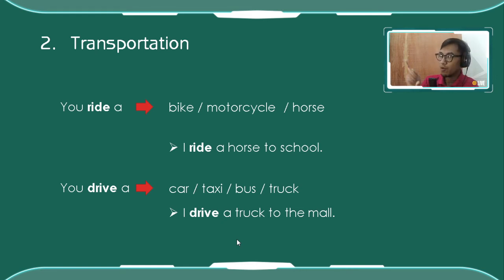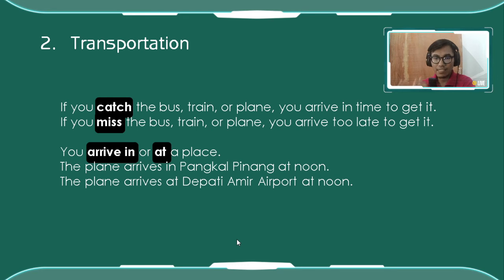So far we have go by, take, ride, and drive. Let's continue to the next verbs. If you catch the bus, train, or plane, you arrive in time to get it. Catch the bus. Mungkin bahasa Indonesia yang tepat mengejar ya untuk konteks ini. Saya mengejar bis ke Bekasi.